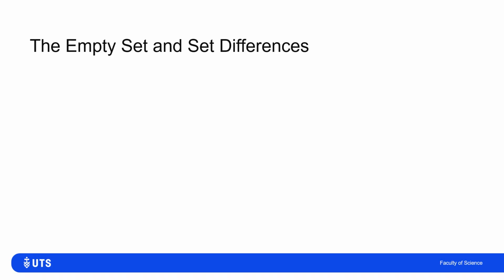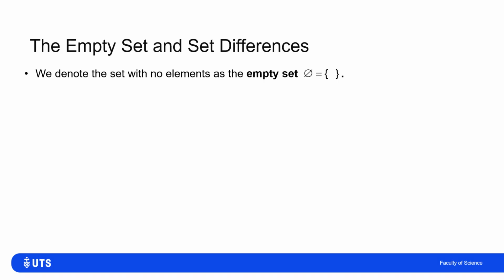When we introduced the definition of a set, we just said that it was a collection of elements. Now, it is possible to have a set with no elements, and we call that the empty set.